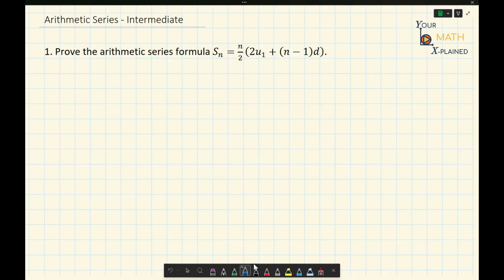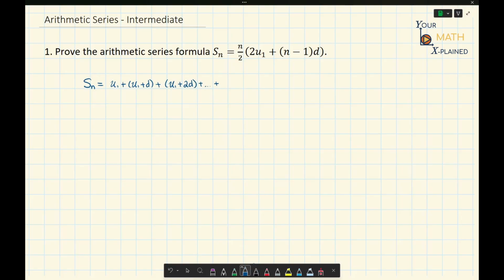So here we have the arithmetic series formula. Now we know that S sub n is equal to the sum of all the terms in the arithmetic sequence. So that means it's going to be u sub 1 plus the second term, which is u sub 1 plus the common difference d, plus the third term, which is u sub 1 plus 2 times the common difference d, plus dot dot dot.